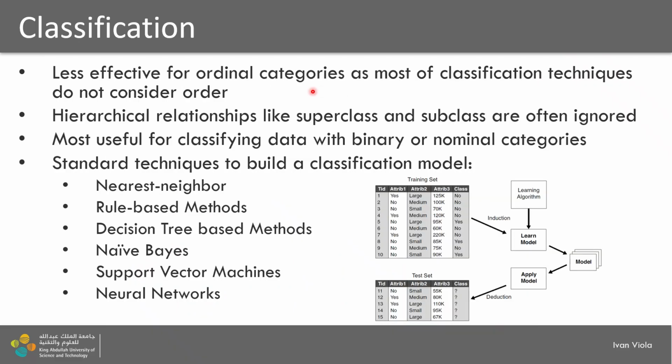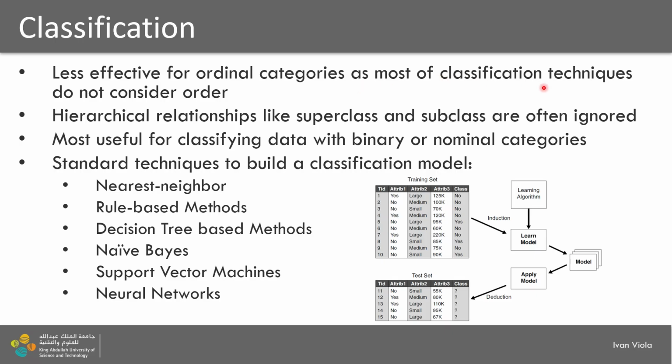Classification primarily deals with categorical variables which are of nominal attribute types. So that is the target value we will be associating our test entries with. It is less effective for ordinal categories like small, middle, and large, which are also of qualitative type, but they have a certain sorting.